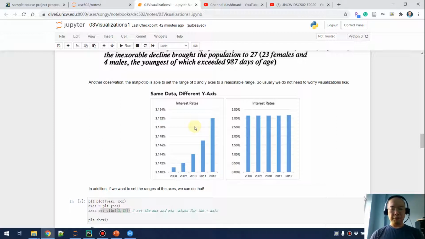However, if you take a closer look at the range of the y-axis, you find that the difference is really small. If you put the y-axis range from 0 to 3.5%, you see almost nothing changed. So if you want to emphasize small changes and cheat people's eyes, this is the next trick you can do.